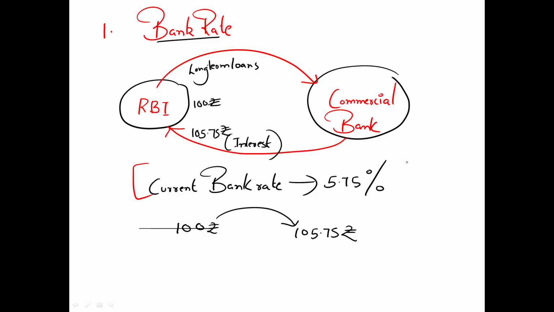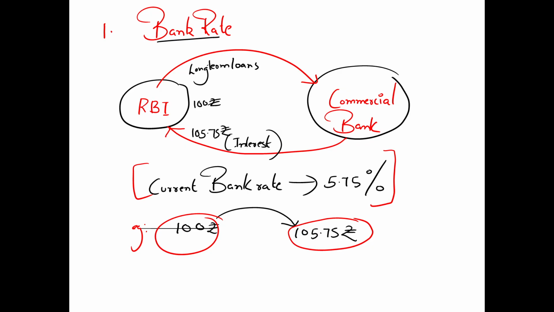As on October the current bank rate is 5.75 fixed by the RBI. This is just an example: if 100 rupees is given by RBI to a commercial bank, then the commercial bank needs to pay 105.75 rupees back to RBI. So this is what bank rate is all about.